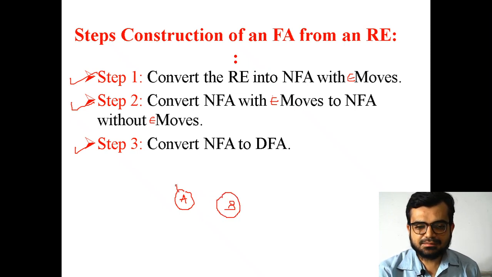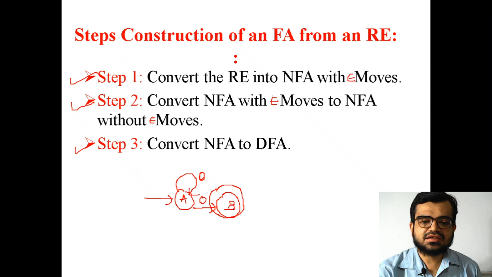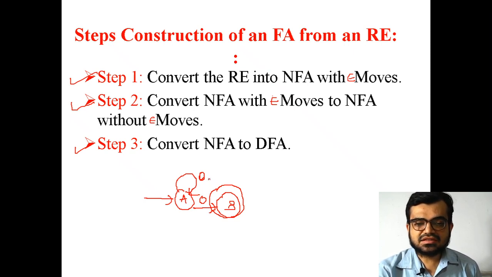For example, if the input is 0, and the same input 0 goes towards B, now this is your NFA. Why? Because the same input 0 points towards A and also points towards B. That means the input 0 can move towards two states, I mean multiple states. So that's why it is NFA.